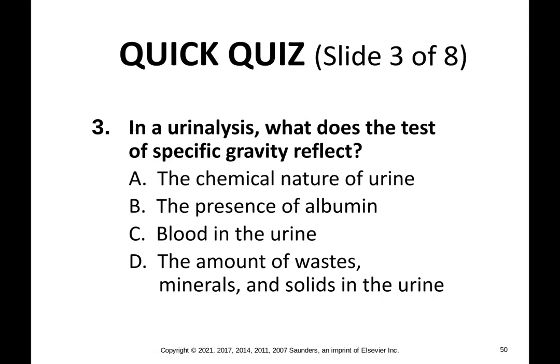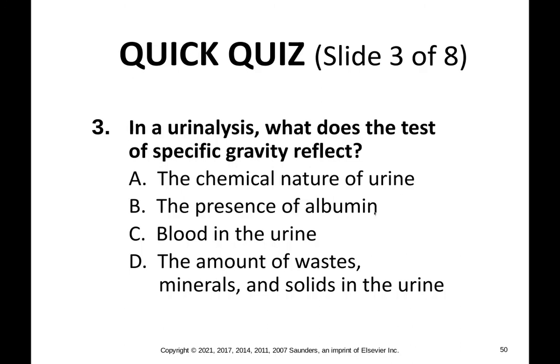So in the urinalysis, what does the test of specific gravity reflect? The chemical nature of urine, the presence of albumin, if there's blood in the urine, or the amount of waste, minerals, and solids in the urine. So what would you guess?